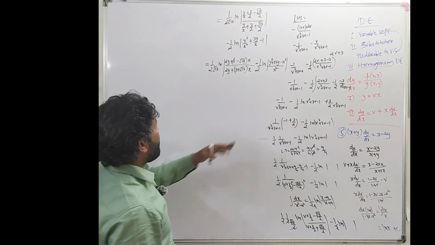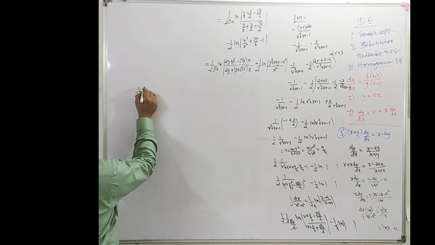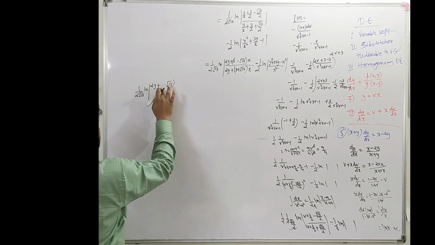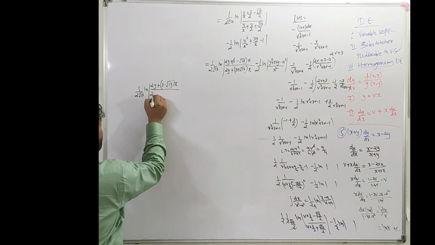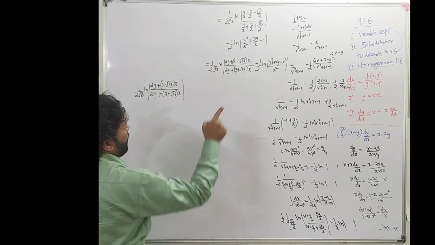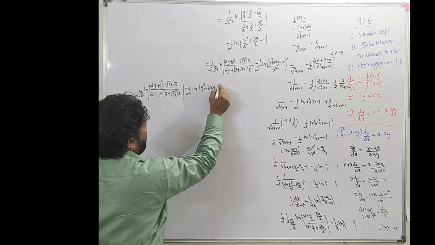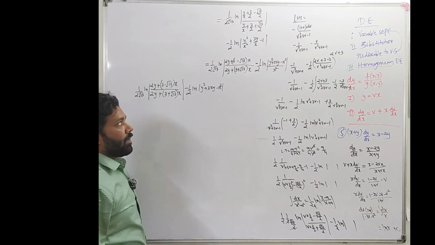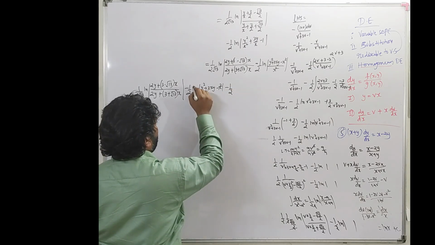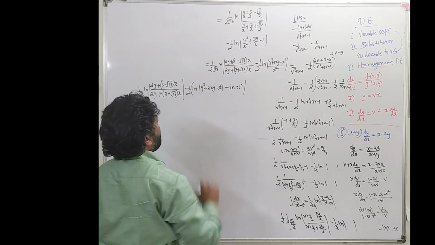Now we'll combine left and right hand side. So left hand side of the equation is 1 upon 2 root 13 ln of (2y minus (3 minus root 13) x) over (2y plus (3 plus root 13) x), then minus half of ln (y square plus 3xy minus x square), and this denominator x square I will separate out, so it will become minus half of ln x square minus ln x square.